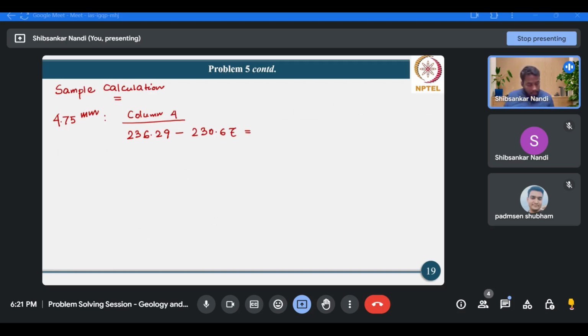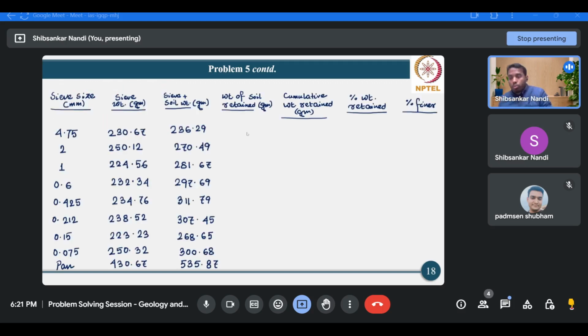So how much is it? 236.29 minus 230.67 means 5.62. So this value would be 5.62.